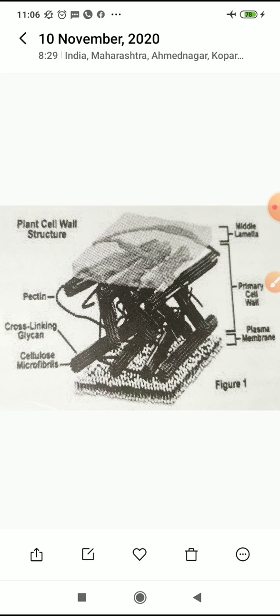The components of wall can be reused in other metabolic processes, especially in case of seeds.